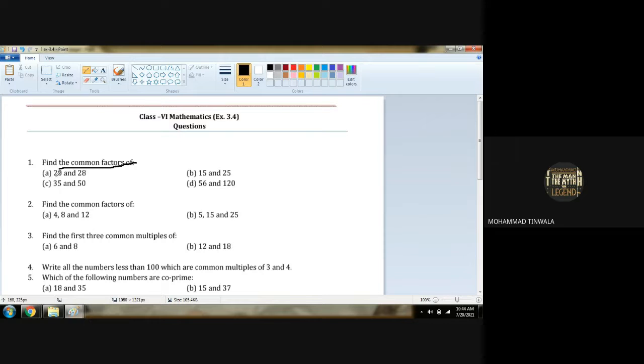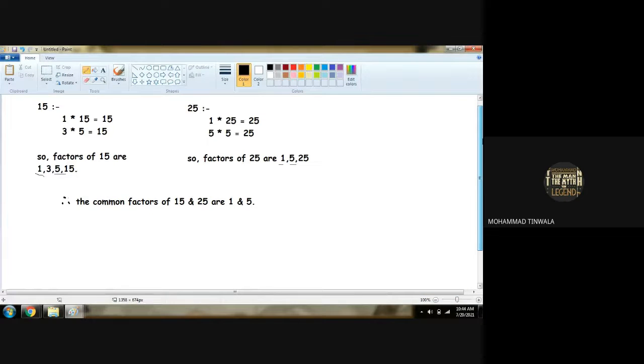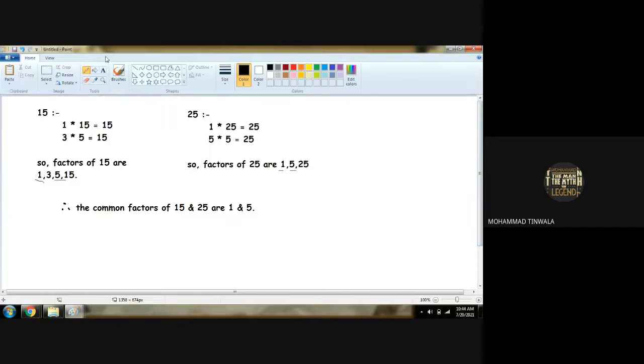Sir, we have to do this? Yes, you have to do it. That was a 2-digit question, this is a 3-digit question. So in the same format we have to solve for 3 digits. Same format. Again, common factors we have to find.